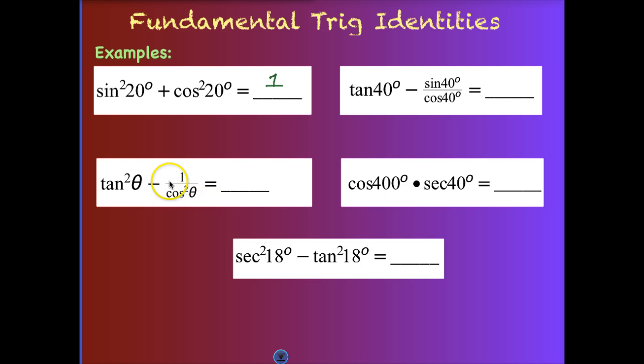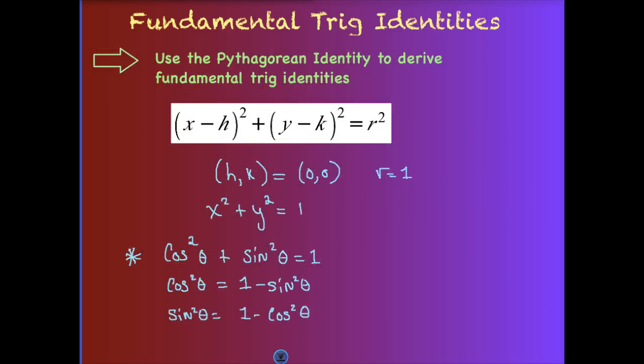A hint for how to do these is to remove fractions if you can. So 1 over cosine squared theta is the same thing as secant squared theta. So we can replace that with secant squared theta. But then you're saying, well, how is that going to help me? Let's go back to our identities and see if we can figure this out.